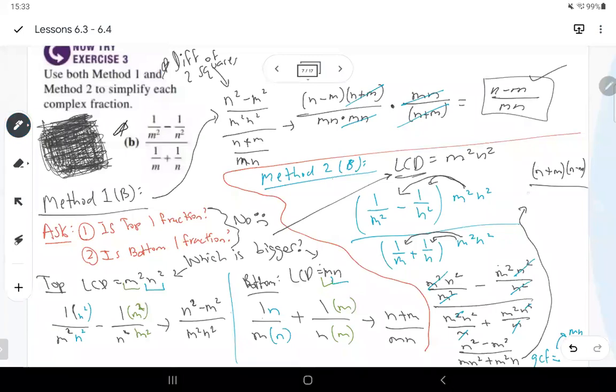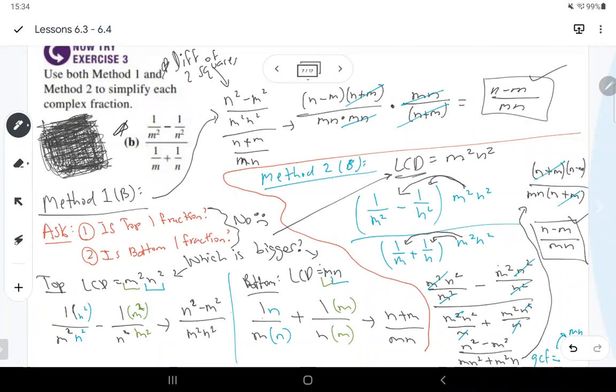So we'll pull the mn out and you'll have n plus m left. The n plus m's cancel and you get n minus m over mn left.